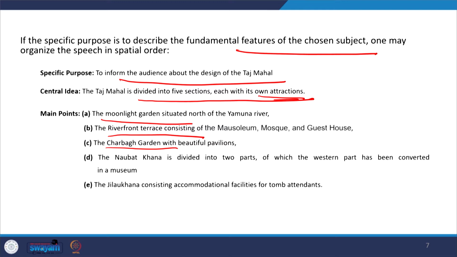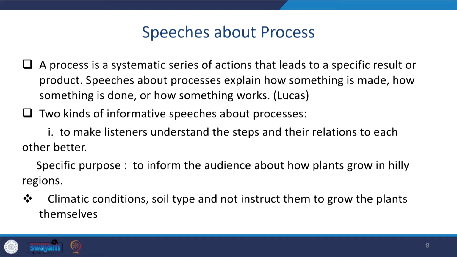So this is how you are going to create a sort of sequence for your speech when you talk about a structure. Likewise, you can also craft many other such speeches on animals. You can also talk about certain objects.